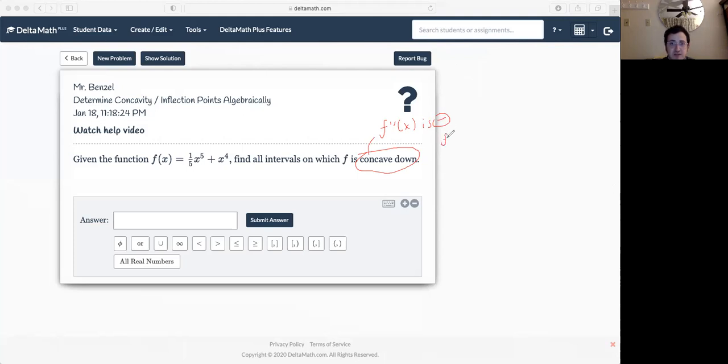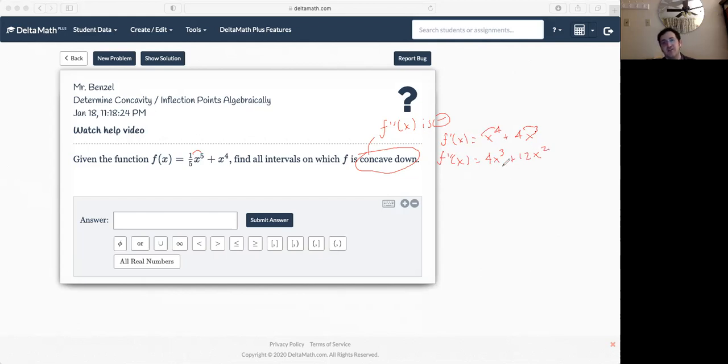So I'm just going to write down my first derivative, which is going to be x to the 4th plus 4x cubed. And then I'm going to write my second derivative. That's going to be 4x cubed plus 12x squared.